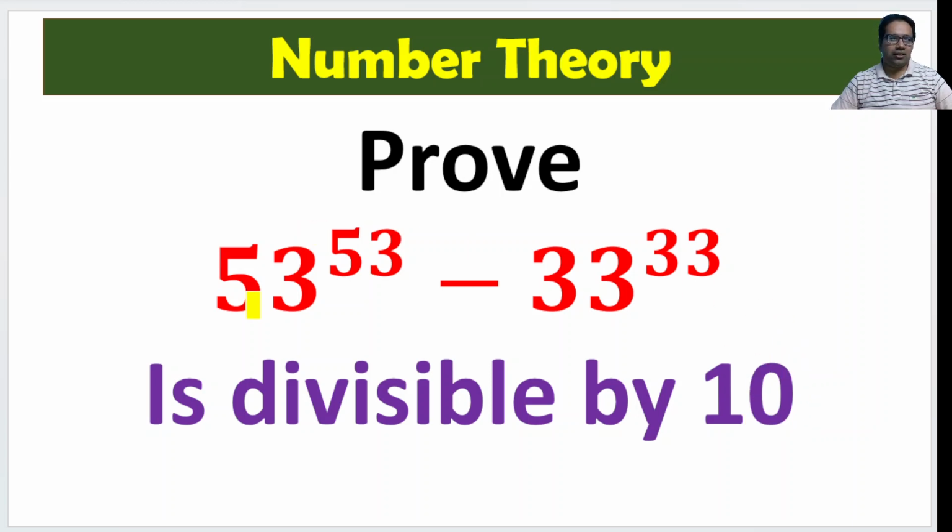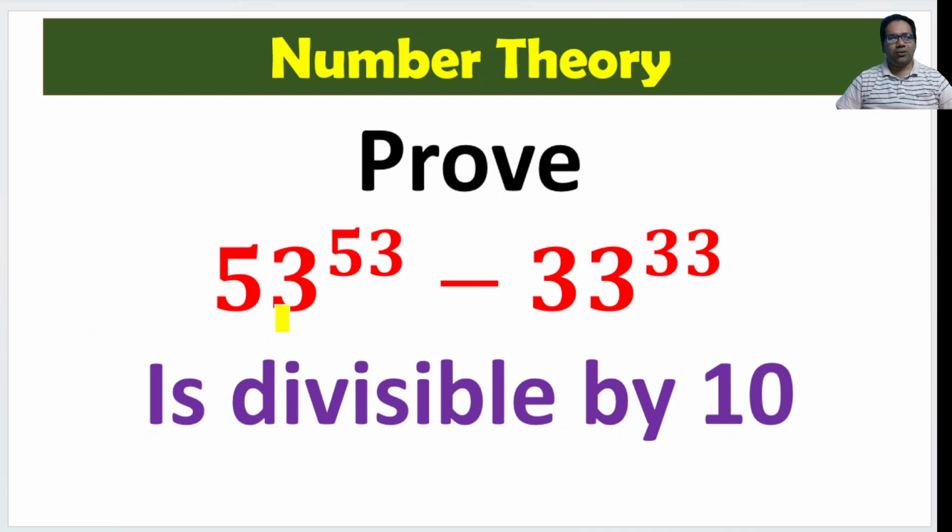Then there is the difference of two numbers, and the final digit of the difference is 0. What does that mean? For example, 32 minus 22 becomes 10. Similarly, 68 minus 48 becomes 20.